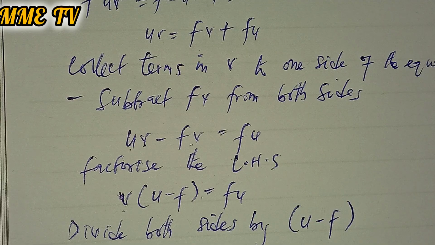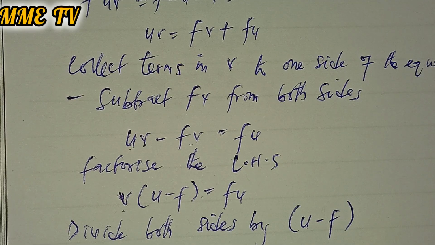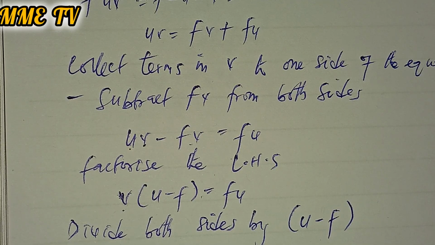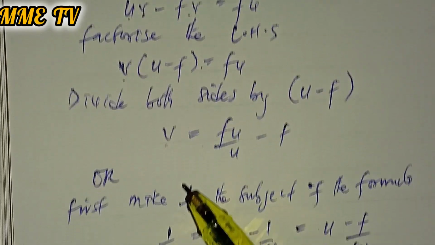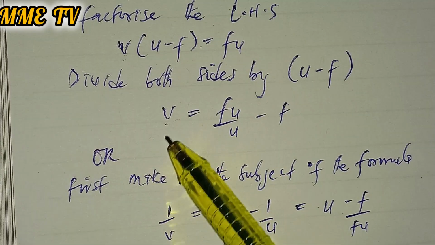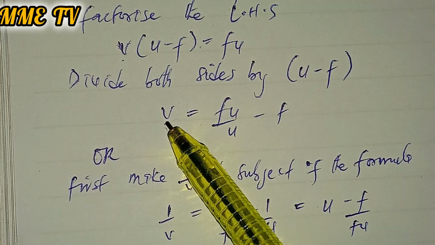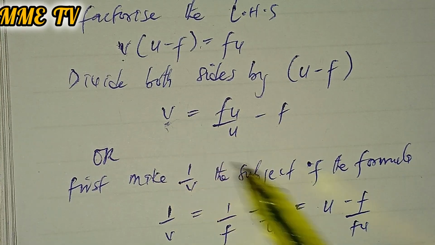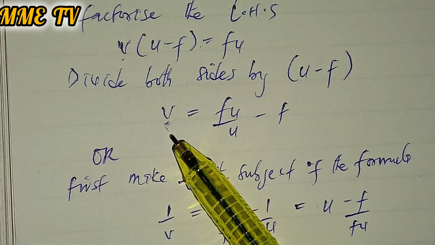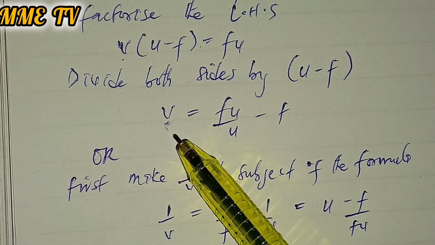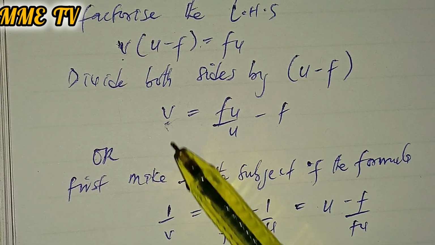The whole process entails that we need to make V the subject formula. So V standing alone on its own is what we are asked to do. So whichever way we do that, making sure that we follow the right procedure, that is what is asked.